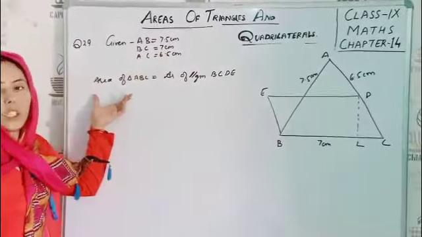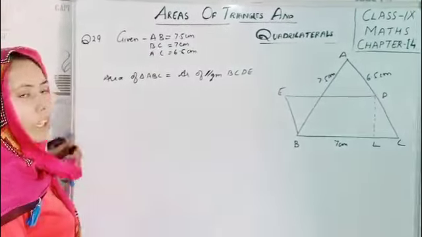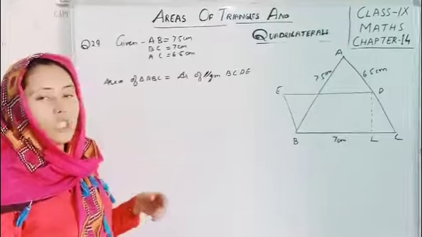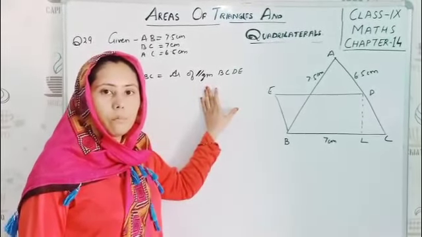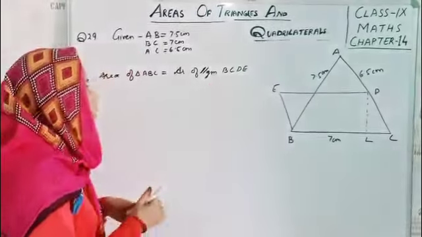Now we know that the area of triangle ABC is equal to the area of the parallelogram. What is the formula for the area of a parallelogram? Base into height.